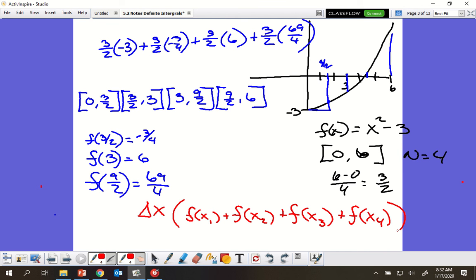I'm trying to slow roll this into getting to our formula for this. We can do this individually, but it's a little bit easier to say my 3/2 times my end result. So add together all my y values, or my f of whatever, and then multiply by 3/2 at the end.